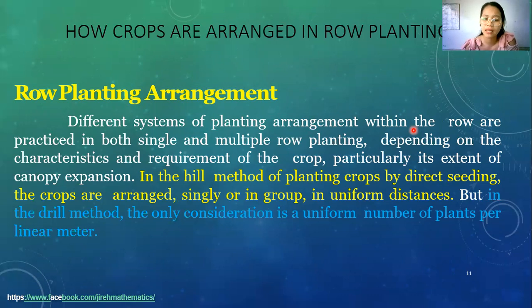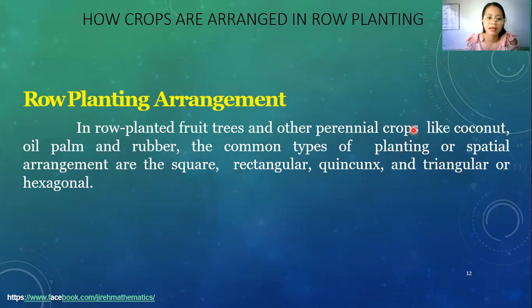For example, in the hill method of planting, crops are direct seeded and arranged singly or in groups at uniform distances. But in the drill method, the only consideration is a uniform number of plants per linear meter. In row planted fruit trees, we will tackle not just vegetable plants but also fruit trees and other perennial crops like coconut, oil palm, and rubber.